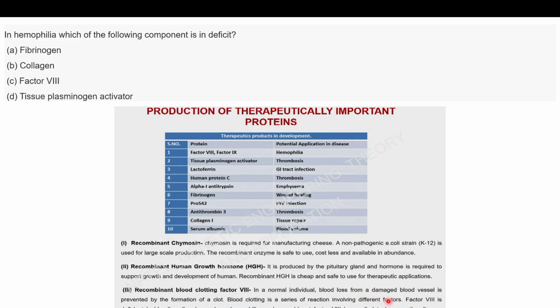In a normal individual, blood loss from a damaged blood vessel is prevented by the formation of a blood clot, and blood clotting is a cascade process involving different factors. Factor 8 is deficient in bleeding disorders such as hemophilia, and recombinant factor 8 is supplied to improve the condition. So the correct option is option C, factor 8.